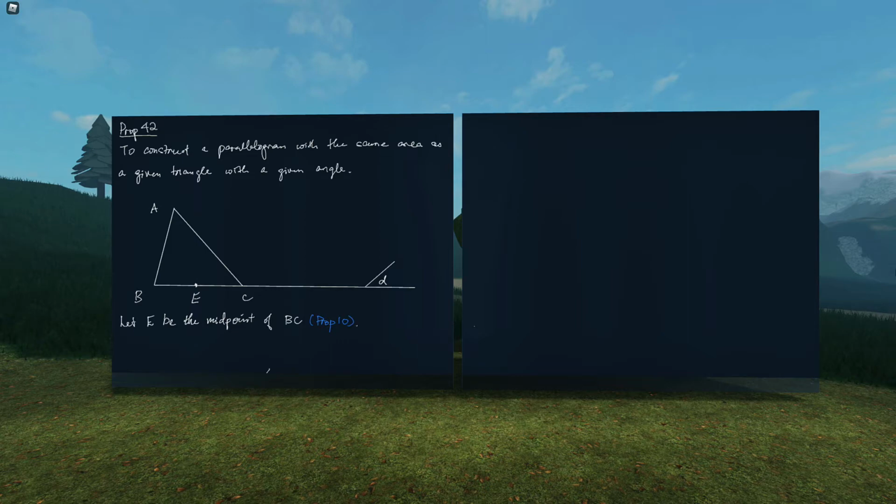We also talked about constructing lines through given points. So we're going to use proposition 31 for this.